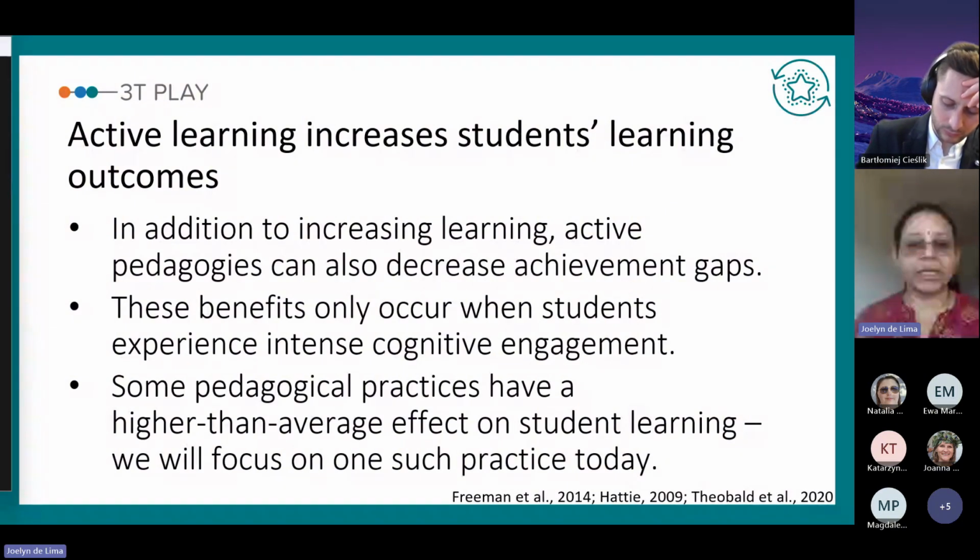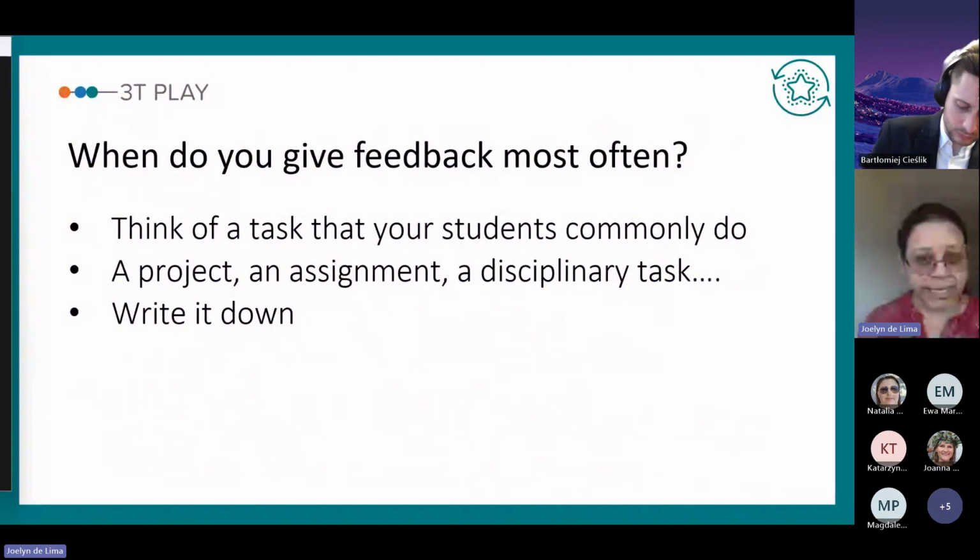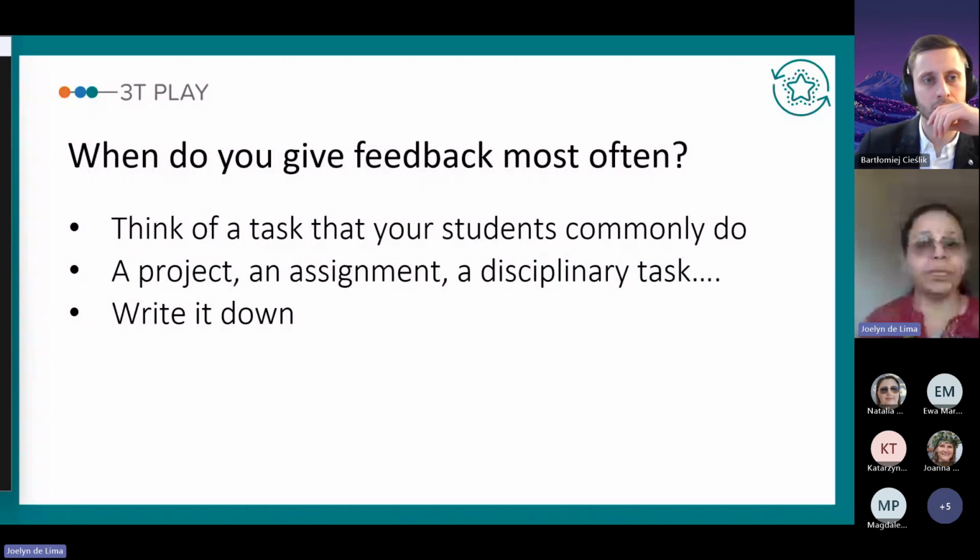Before we go into the nitty gritty of this particular workshop, I want you to think back to your scenario, your situation, your context. What are some tasks that your students commonly do where you need to give them feedback? Please write this down somewhere. It doesn't have to be in the chat. It could be on a piece of paper so that you have it up front for the rest of the talk.